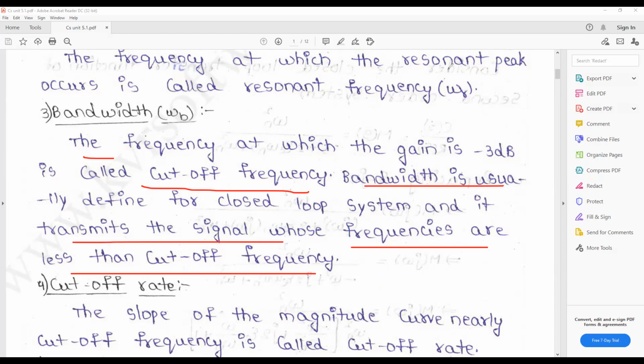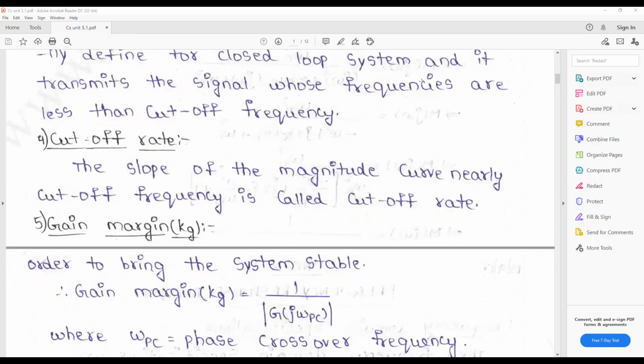And the cutoff rate, what is cutoff rate? The slope of the magnitude curve near cutoff frequency is called cutoff rate.